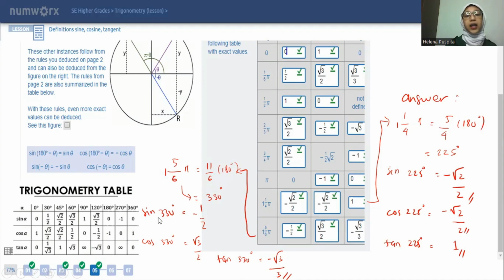So sine 330 degrees equals minus 1 over 2. Cos 330 degrees equals square root 3 over 2. And then tan 330 degrees equals minus square root 3 over 3.